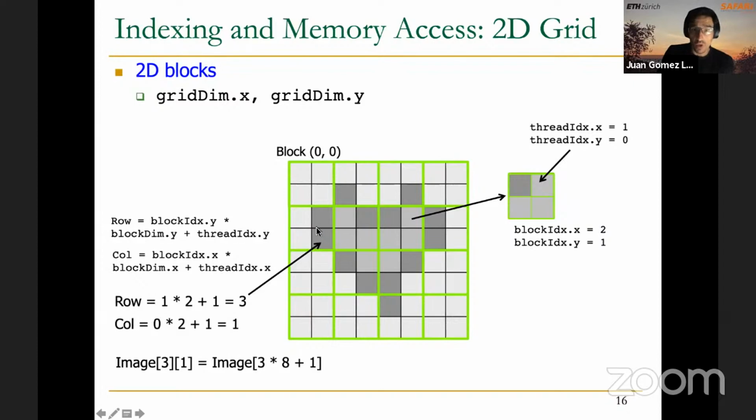And the way that we obtain in our CUDA code the row and the column where this pixel is located is by using the block index Y, block dimension Y, and thread index Y as well, to obtain the specific row where the pixel resides. And for the column, we do the same, but in the X dimension: block index X, block dimension X, thread index X, to obtain the column 1 of this pixel here.